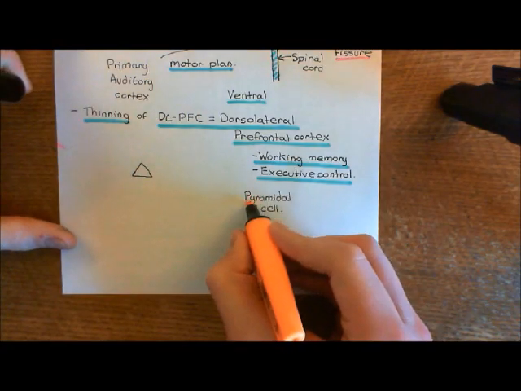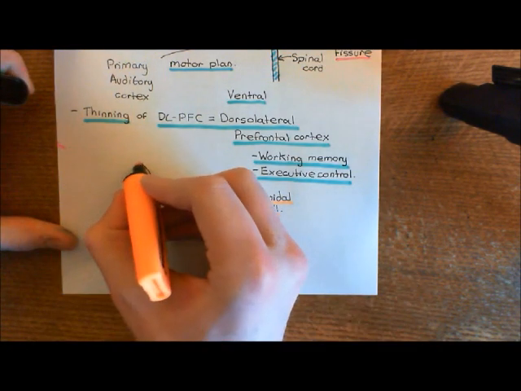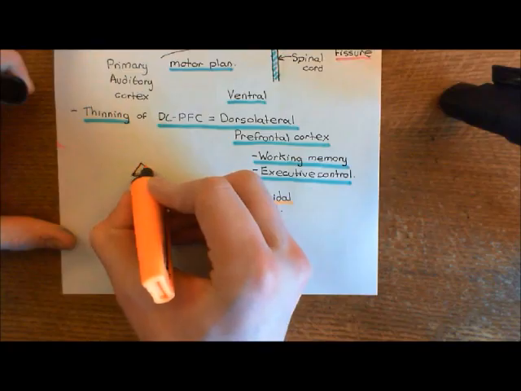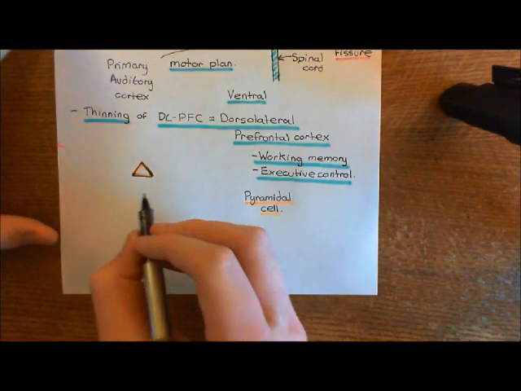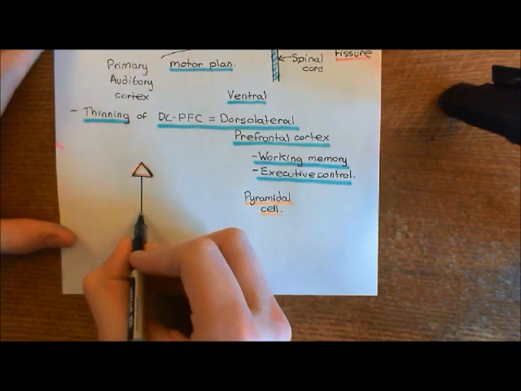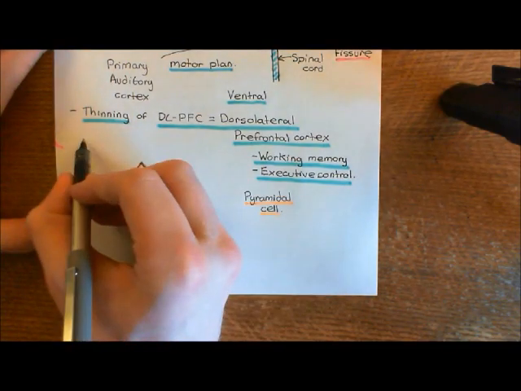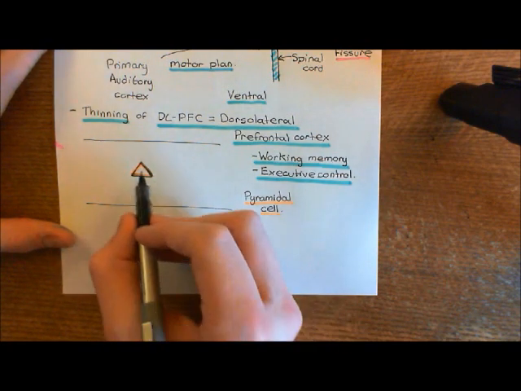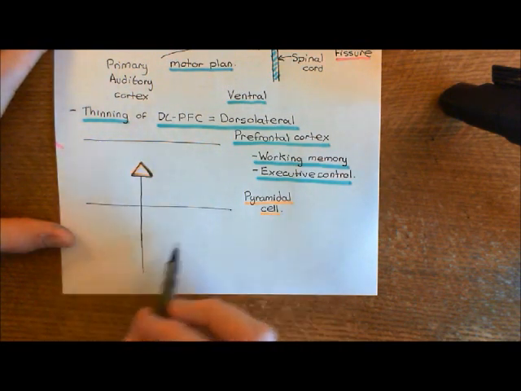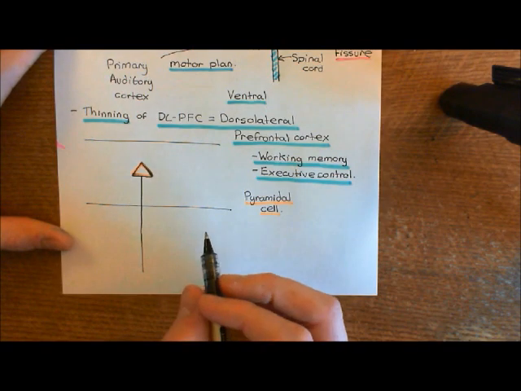Here is the cell body of one of these pyramidal cells. These are very, very large cells with big cell bodies, and they send their axon down into the depths of the brain. If this is the top of the cerebral cortex and this is the bottom, they'll be sending their axons into the white matter of the cerebral hemispheres down here.